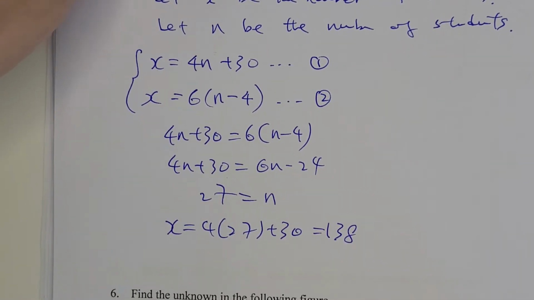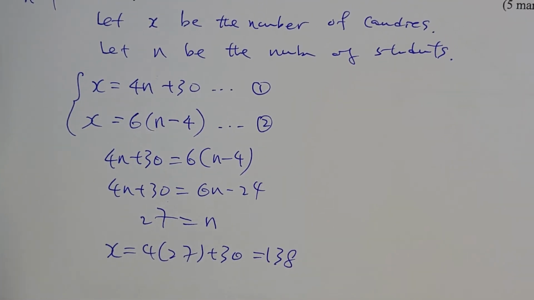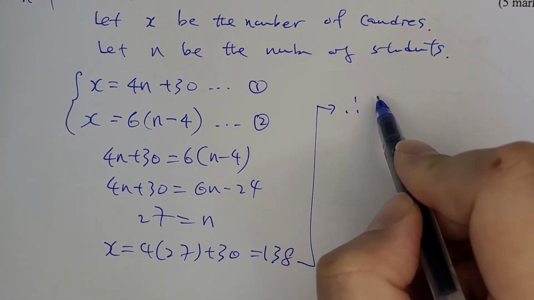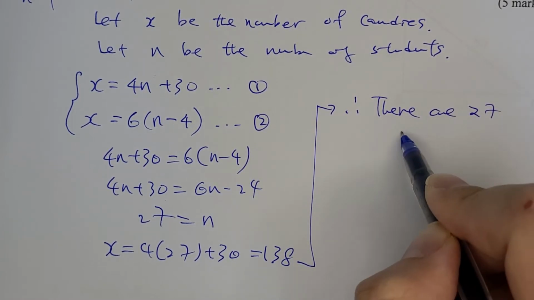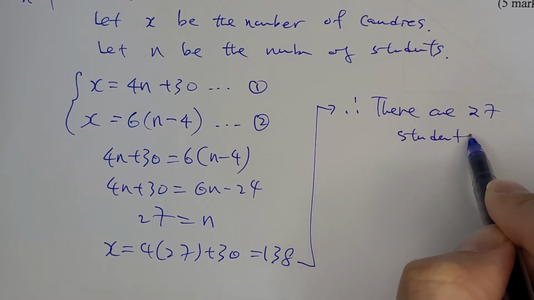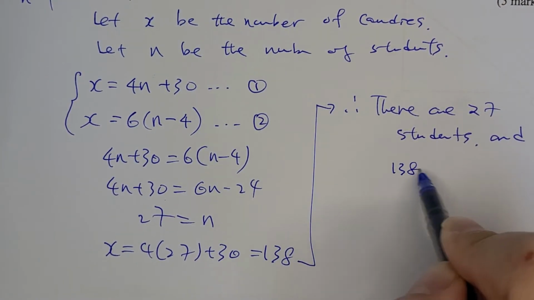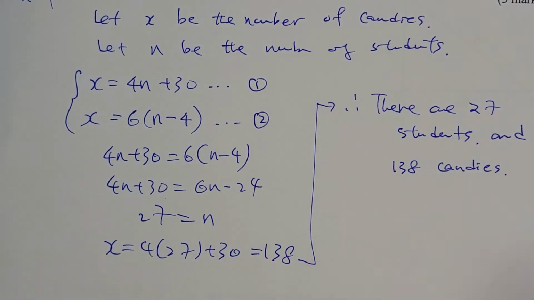Now you have solved the variables: n equals 27, x equals 138. But you need the final statement because you are working with a word problem. There are 27 students and 138 candies, okay, as the final statement.